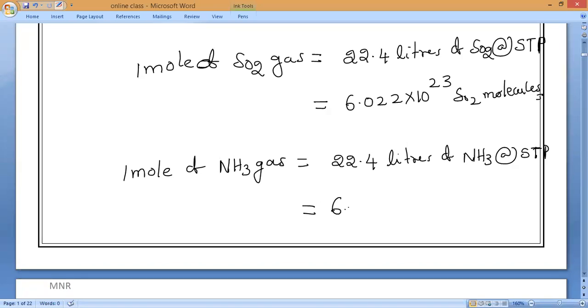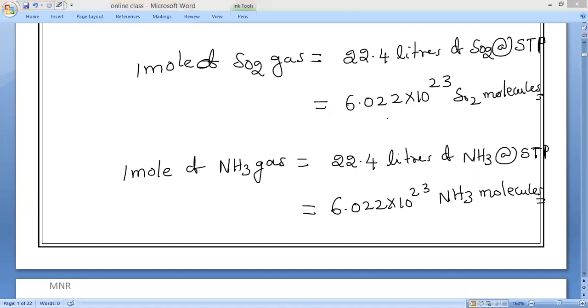Again, how many particles? 6.022 into 10 power 23 ammonia molecules. Is it okay, everybody? Clear? That is what you have to remember.